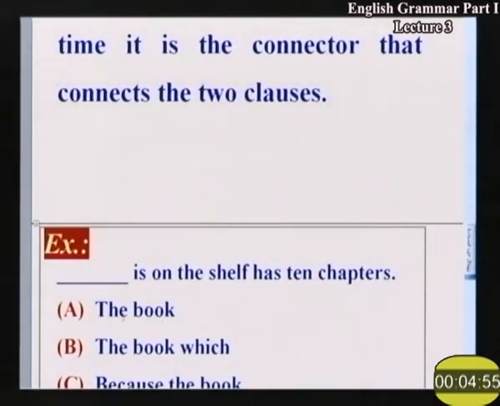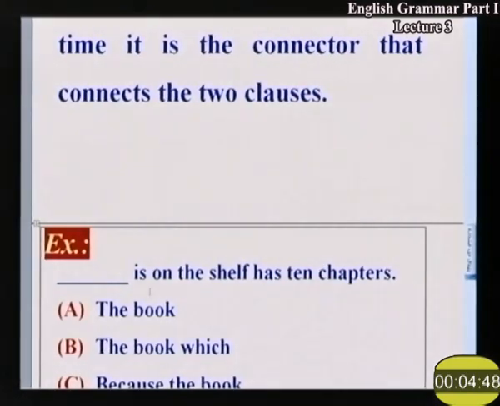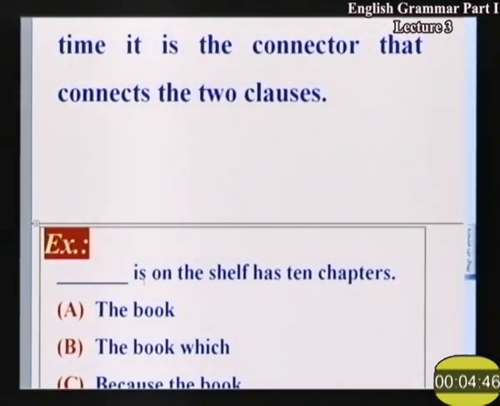طيب تعالوا نشوف مع بعض المثال اللي زي الامتحان. طيب. Is on the shelf has 10 chapters. ده أنا هنا عندي إيه؟ is وhas يعني عندي two verbs وما عنديش subjects. طيب لما يبقى عندي two verbs I need two subjects يعني أنا عندي two clauses.